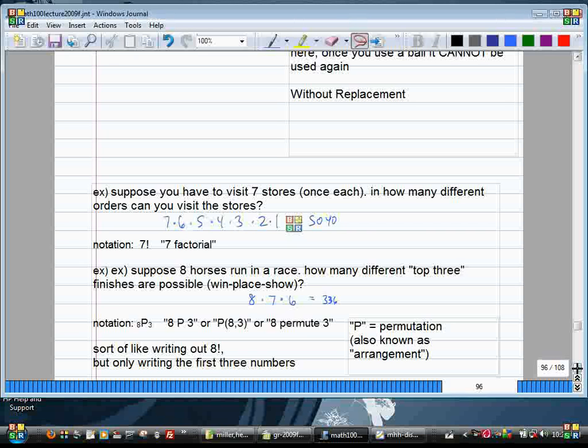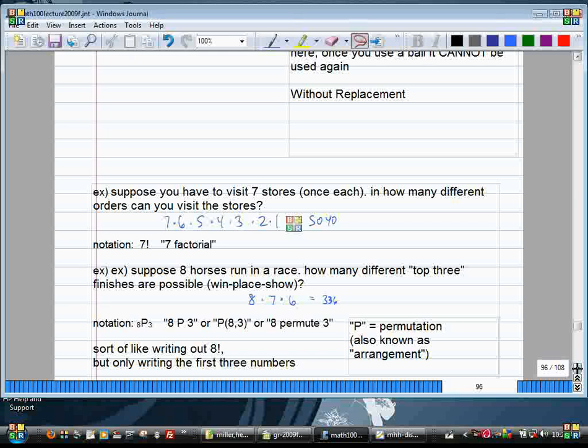Okay, yeah, Terrell. If you have like 20 stores, the answer would just be 20 times 19 times 18 and so on, which is 20 factorial. That would be an answer. Typically, I will give you numbers so you can actually calculate what it will be. 20 factorial winds up being quite large, so I'm probably not going to give you a problem where you'd have to work out 20 factorial.